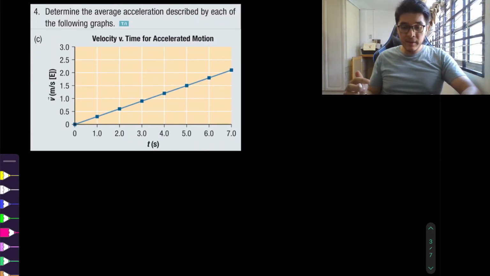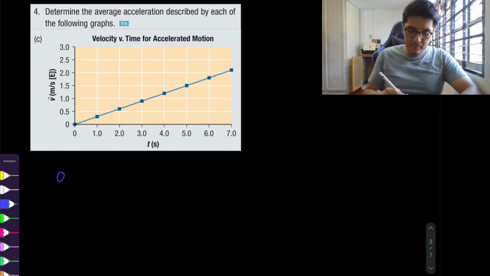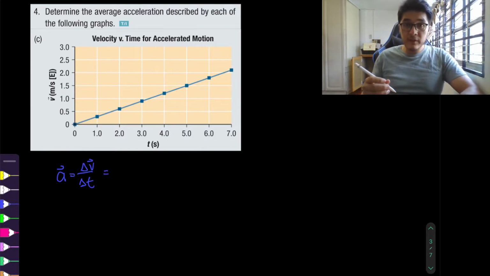Now that you've gained the hang of this, let's do part C. Determine the average acceleration described by each of the following graphs. So we still have to do the same thing. The acceleration from a VT graph is just the slope. In order to do this, let's find two nice points along the grid line.